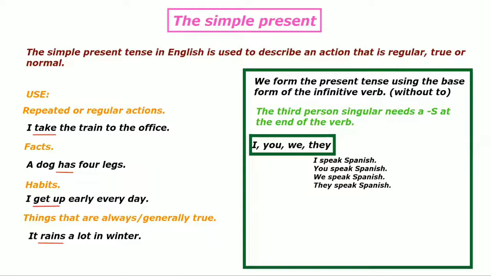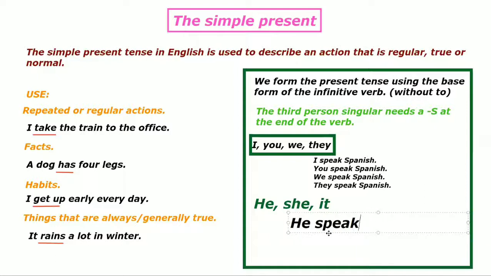In the case of the third person in singular, you need to add an S. So how it works? Okay, let's see. The third person singular pronouns are he, she, and it, right? So in here, you have to add an S at the end of the verb. For example, he speak.